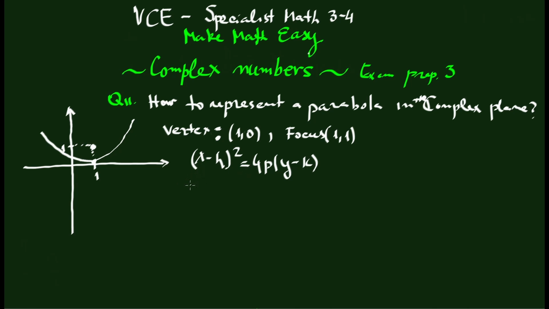So our vertex is the point h, k, and our focus, f for focus, is the point h, k plus that letter p.